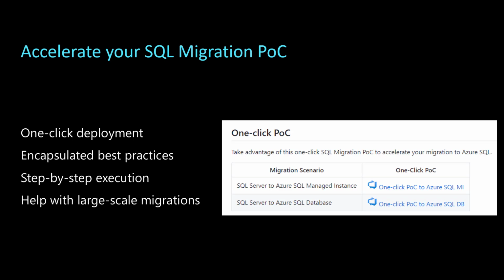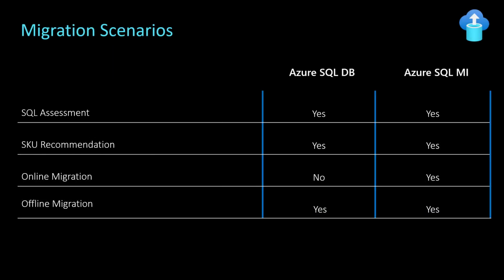Migrations can be a complex and challenging process, but with the right tools and strategies in place, it can be a smooth transition. Here are the current migration scenarios to help you when migrating to Azure SQL. Before migrating to Azure SQL, it's crucial to assess the current environment carefully.